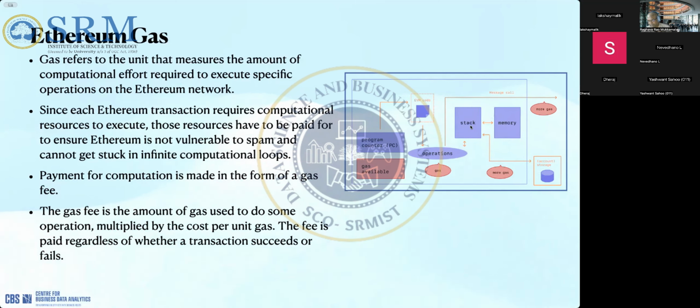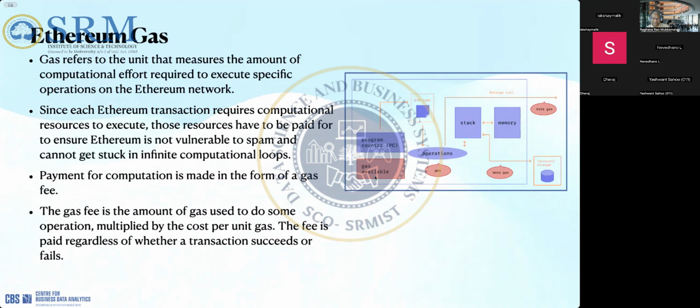And the stack will contain the sequence of instructions. So the gas will be consumed for each and every step. If the gas available is sufficient to run the full transaction, all the instructions in the code, then the transaction will be successful. And then a successful transaction message will be written, right?